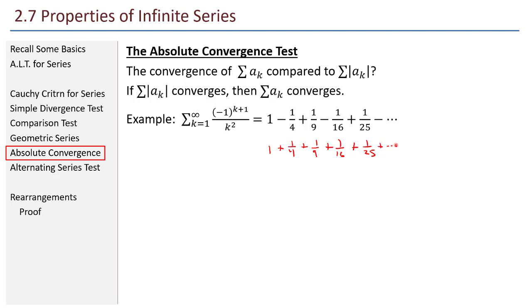Oh yeah, and we've seen that series before, and we know that series converges. In fact, it converges to pi squared over 6. And since the series in absolute value converges, it seems reasonable that when I throw some pluses and minuses in there, then the original series would have converged also.